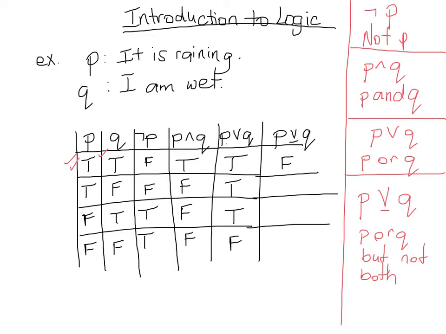In the second row, however, P is true and Q is false. That's one or the other, but not both, which works, so that's why that's true. The third row is true as well because one is true and one is false. But finally, the last row is false because they're both false. Again, for or but not both, one must be true and one must be false.